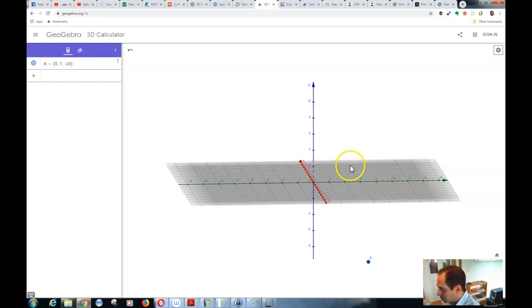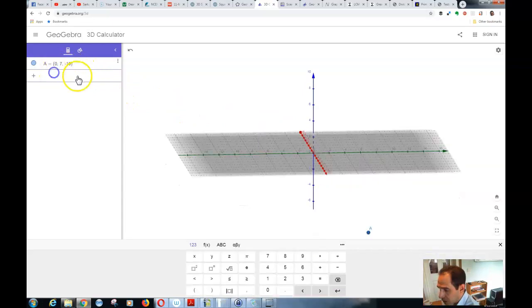Now this point is over here, and as you can see, the second point that we had was 1, 6, negative 6, which is basically this point over here. This is point B, and point C was 4, 9, negative 6.